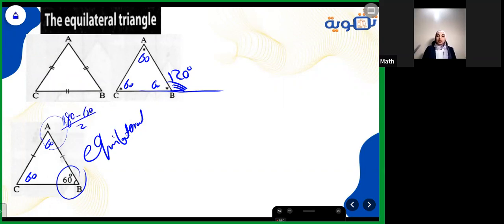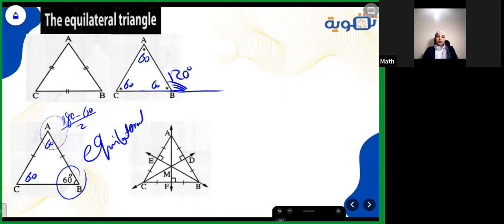So any isosceles triangle with a 60-degree angle will be equilateral. Then the medians in the equilateral triangle are axes of symmetry. So the equilateral triangle has 3 axes of symmetry.